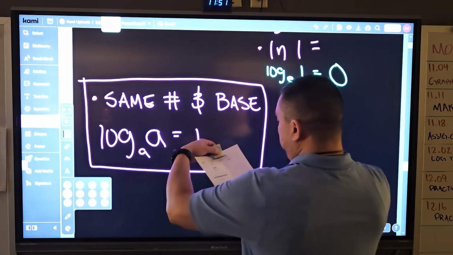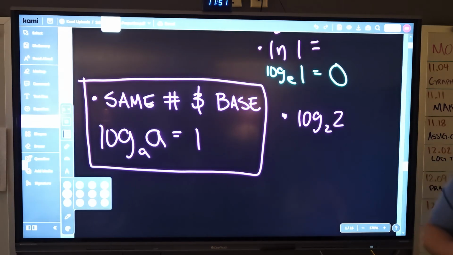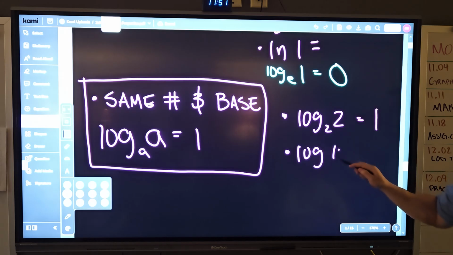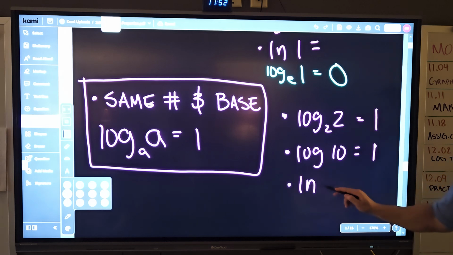You'll use stuff like that again, in trig, calculus. So here we go. Examples of this would be log base 2 of 2, same base, same number, 1. Where it's not so obvious is right here, because it has no base, but the base is really 10. So 10, 10, they're both 10s, so 1. Another one where it's not so obvious, natural log of e.